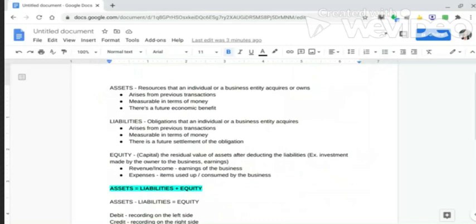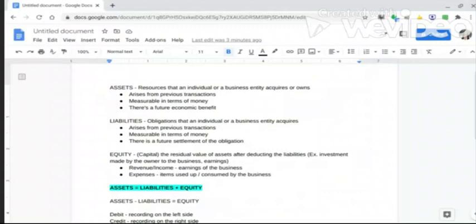Pag nagkaroon ba ng cash on hand, does it mean that there is a previous transaction where it came from? Can we measure cash on hand in terms of money? Or, pag may cash on hand ba si individual or si business, magagamit mo ba ito in the future? Or will there be a future economic benefit?